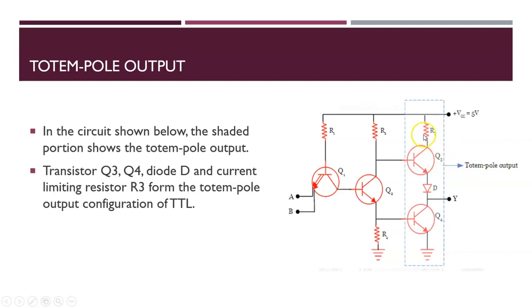So we'll be keeping a very low resistance over here, and this transistor, when it is conducting, has a zero resistance. So this would be charging from 0 to VCC. At the same time, when transistor Q4 is on, if a heavy current flows over there, then this transistor may get damaged.